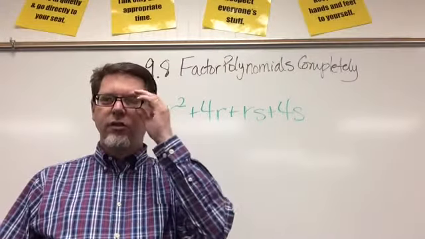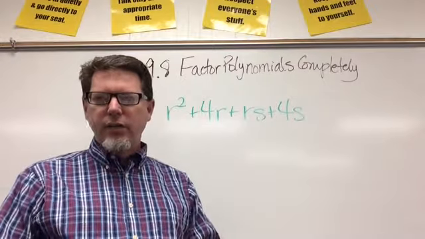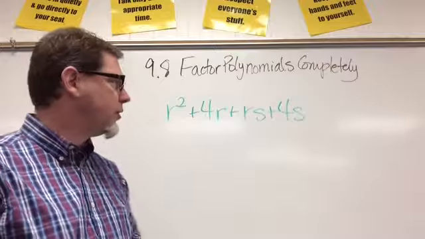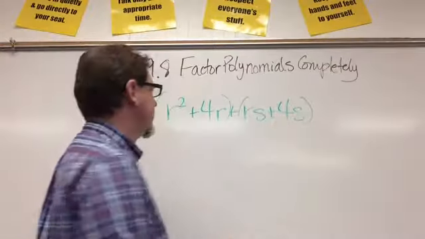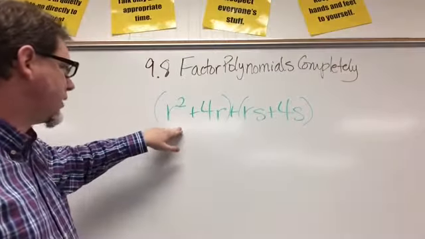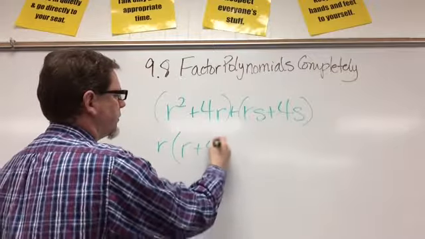The next problem we're going to do from this section is r squared plus 4r plus rs plus 4s. And remember, we have 4 terms in our polynomial, so we need to group them just like this. And we're going to factor out our greatest common factor for each pair. And the greatest common factor for r squared and 4r is r. So this would be r plus 4.